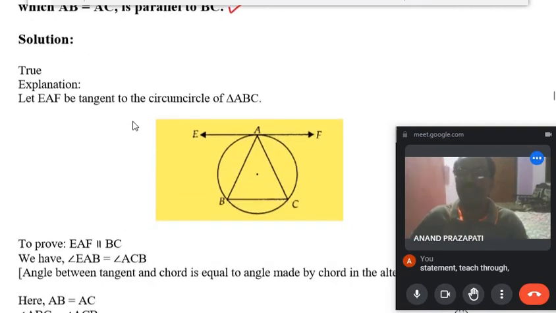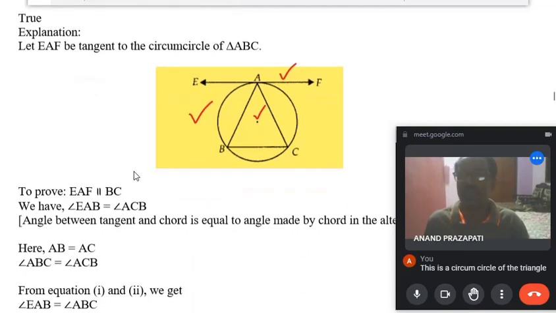This is the relevant figure of the given question. Let EAF, EA and this is F, be the tangent to the circle of the triangle ABC. So this is the circle of the triangle ABC. This question says to prove EAF parallel to BC.